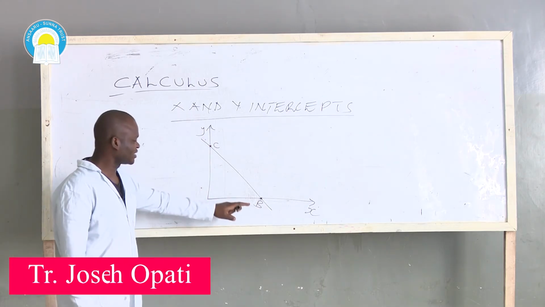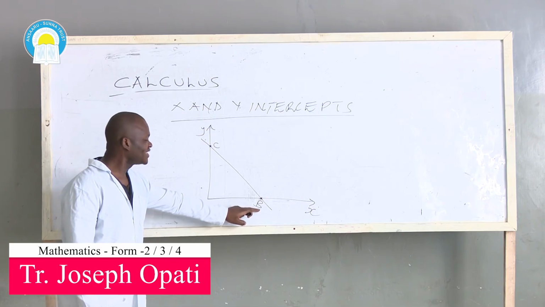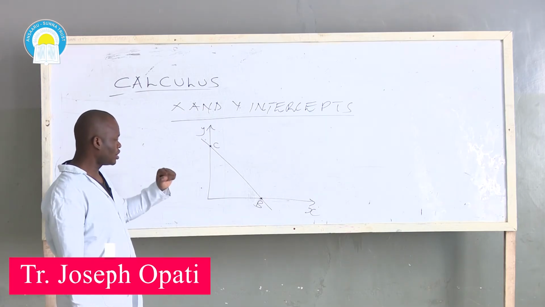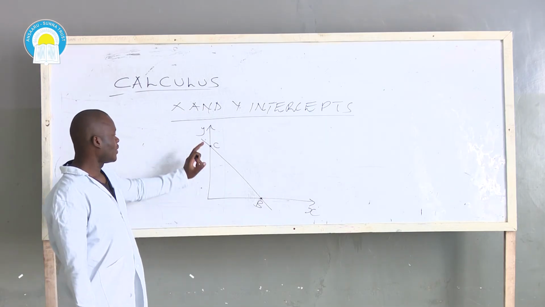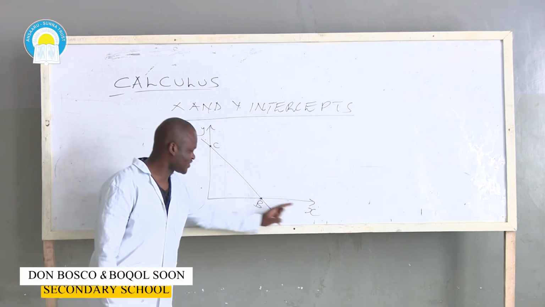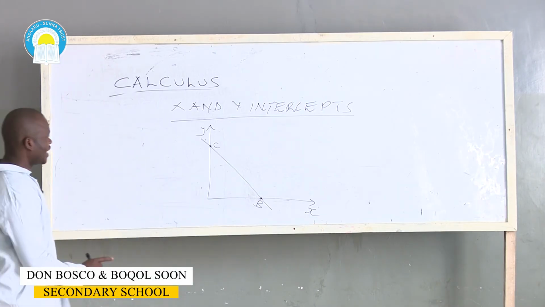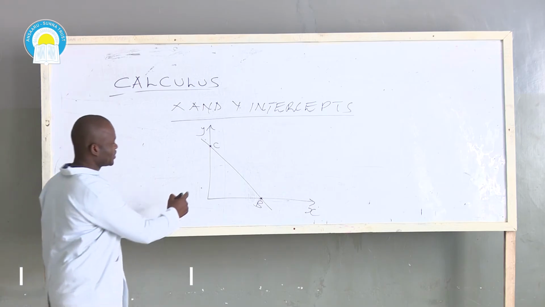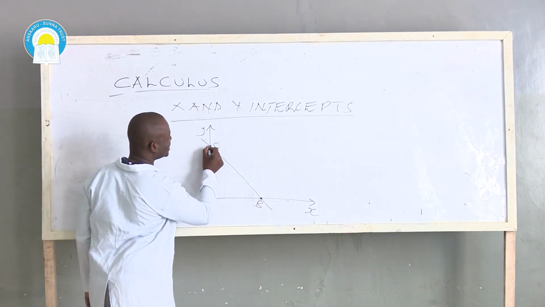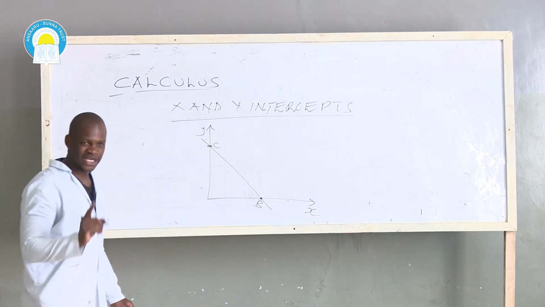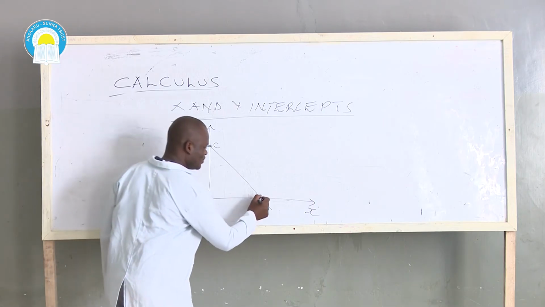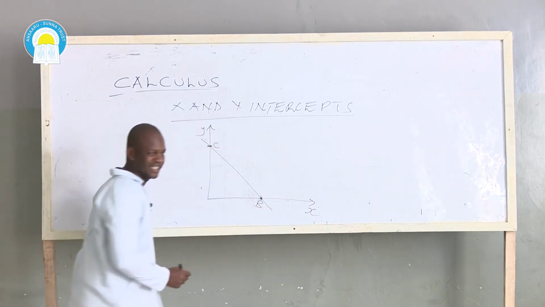The x-intercept, on the other hand, is a point on the Cartesian plane where a given line cuts the x-axis. In regard to this diagram, point C is the y-intercept and point B is the x-intercept.